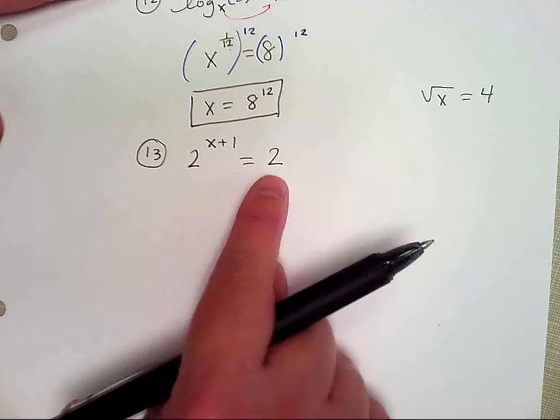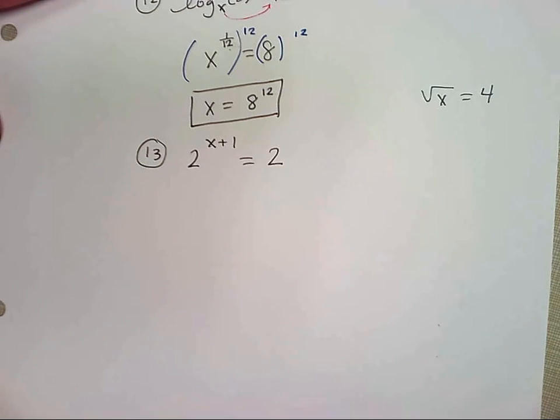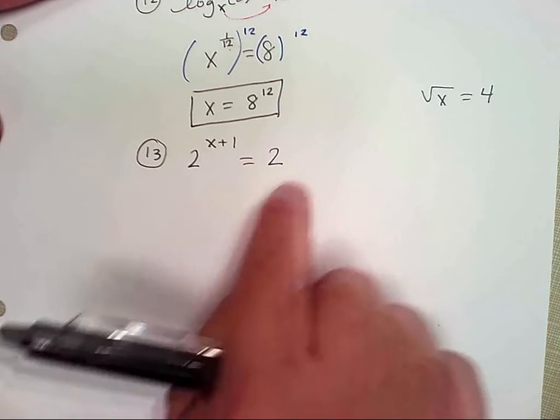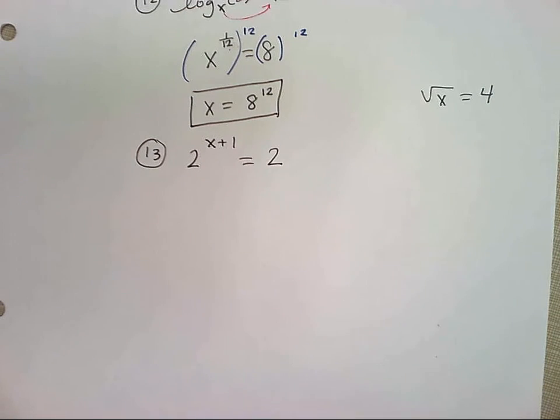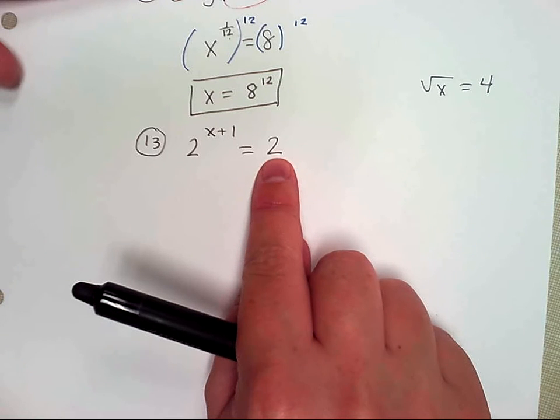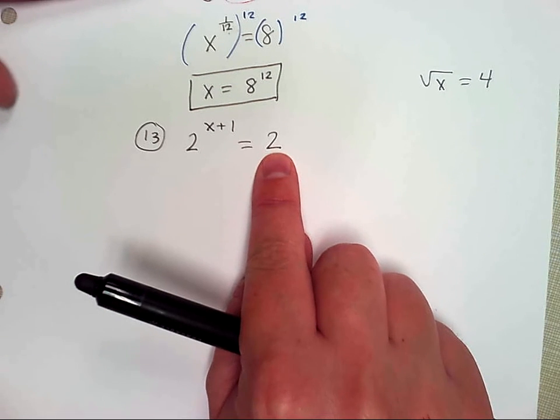Okay, for this one, it's a little easier though. I have the same base, right? 2 to the something equals 2 to the something. So those two somethings need to be equal, right? If I have 2 to the 10, I could make these powers anything. What's the power on my 2 on the right-hand side? 1.